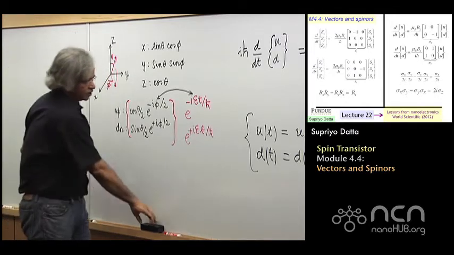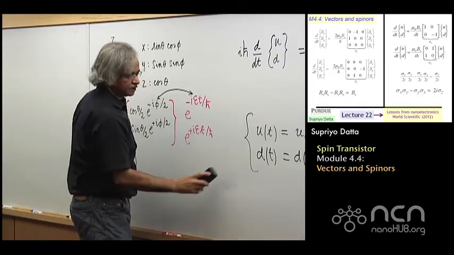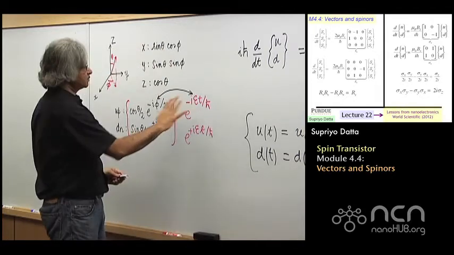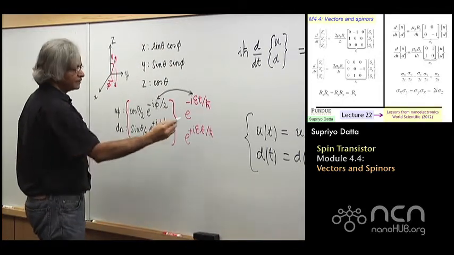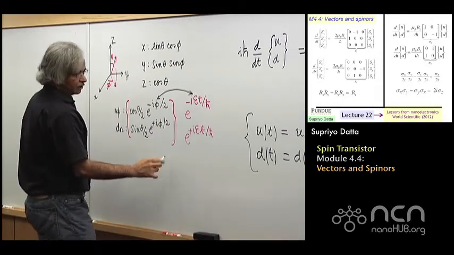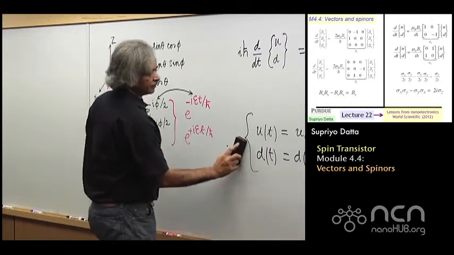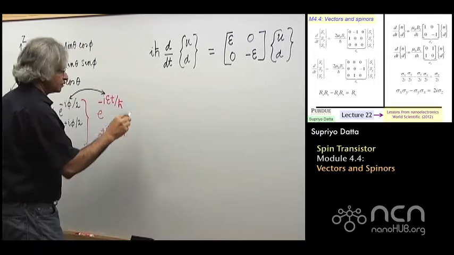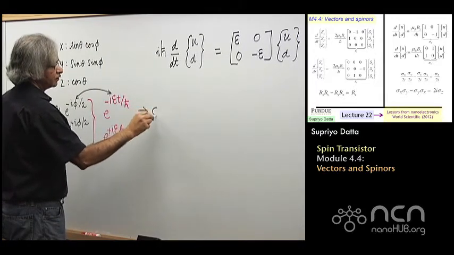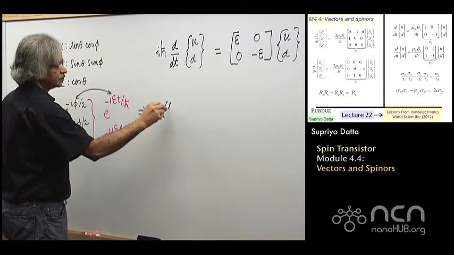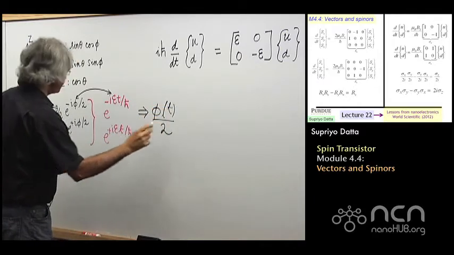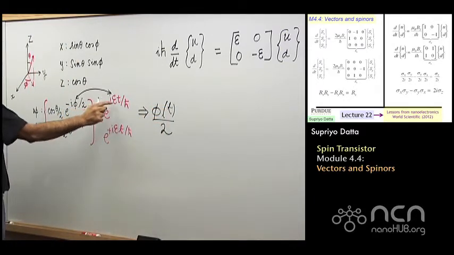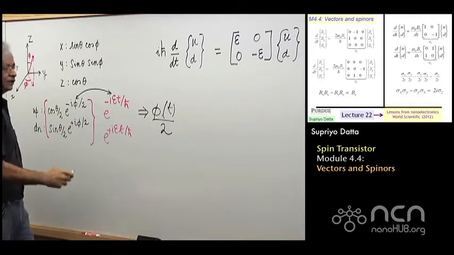And the rate of rotation then, you can write down very easily, just by comparing these. That is, you can see that phi over 2, let me just write it here. So you can see that phi as a function of time divided by 2, this is phi over 2, is epsilon t over h bar.